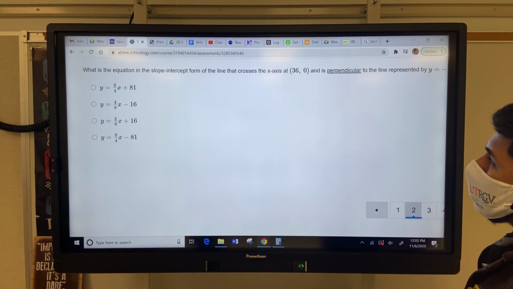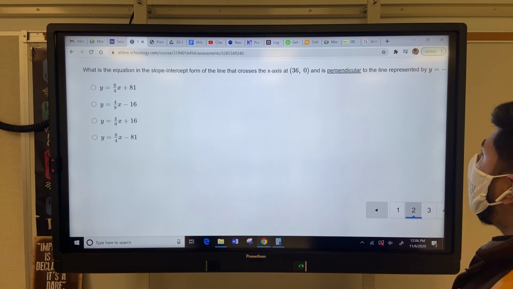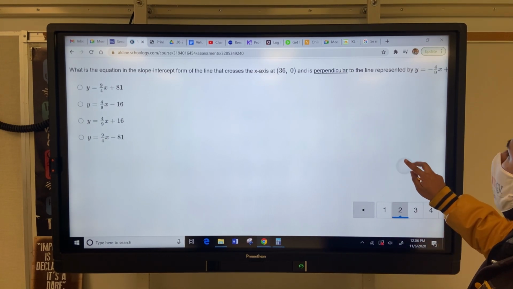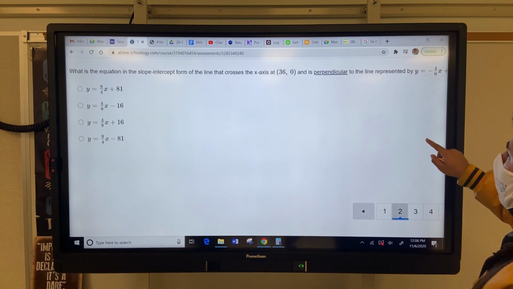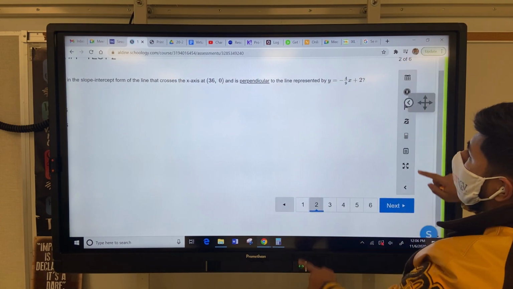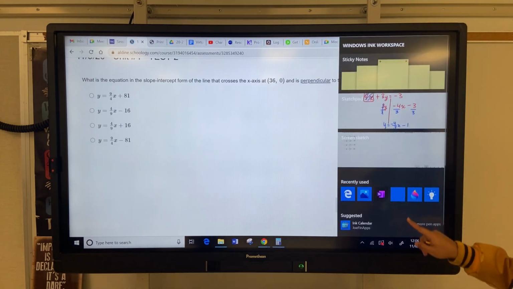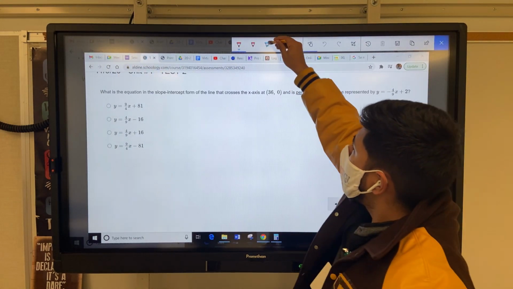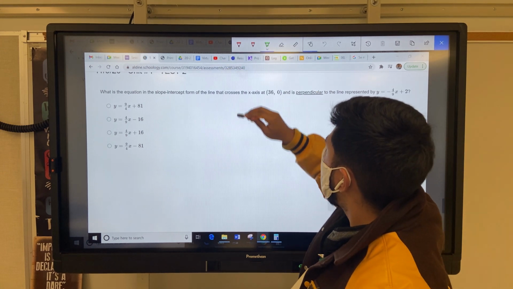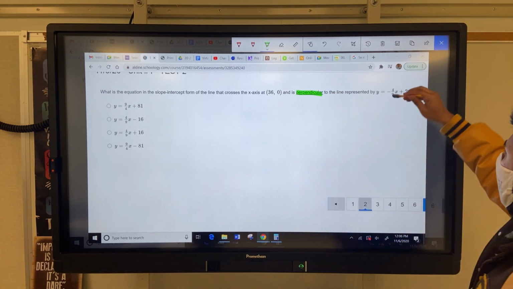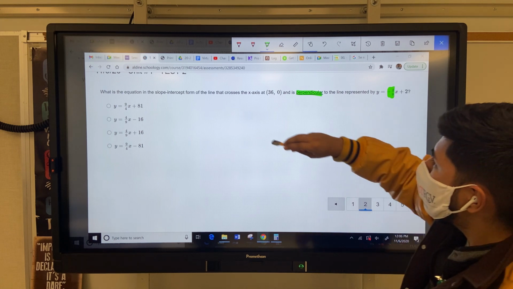Next question, number 2. Number 2 is the same question. It says perpendicular, and it gives me the point. This is the same type of question, ladies and gentlemen. Perpendicular. I grab the slope from here.